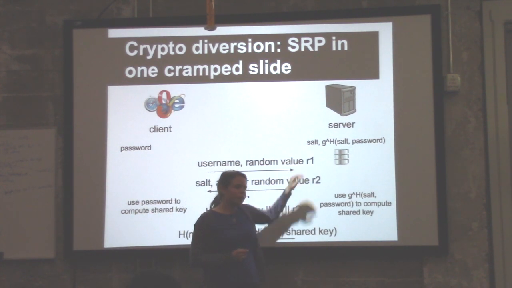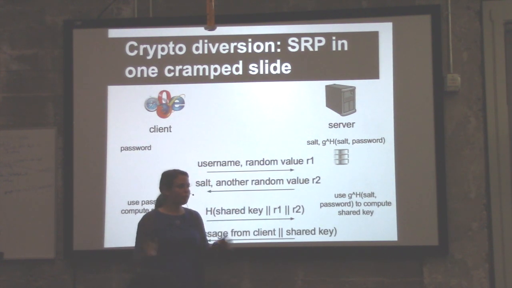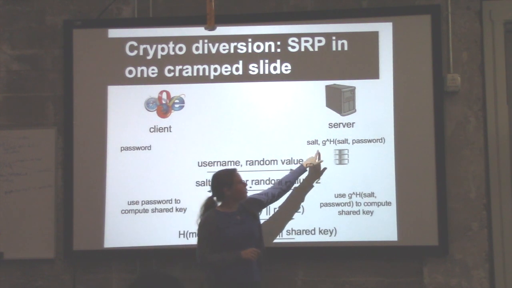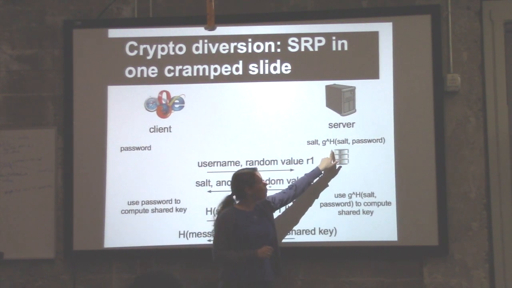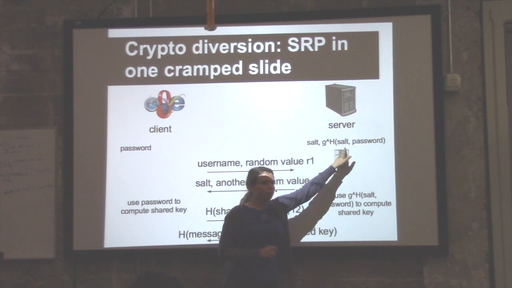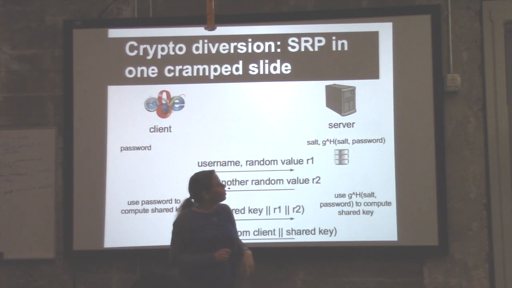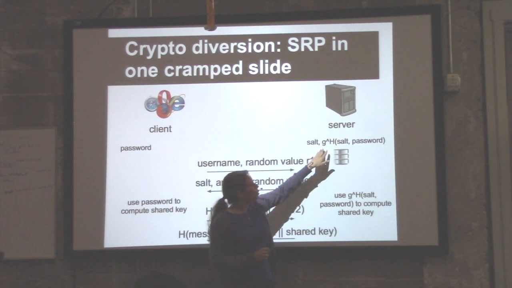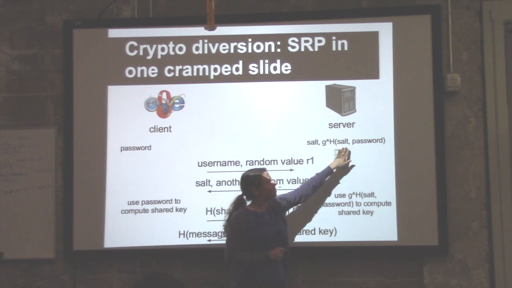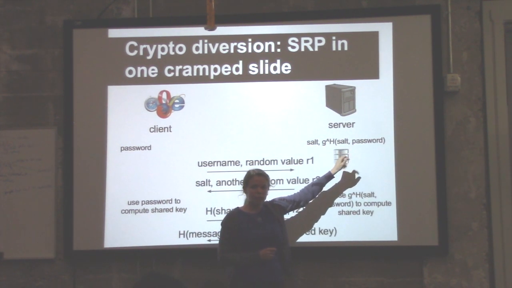One of these values is a salt. You can think of that just as a random value that was chosen when the client registered. The other value is called a verifier, and this is a mathematical function of the password and the salt. The important thing about it is that, cryptographically speaking, seeing this value gives you no information about the password.